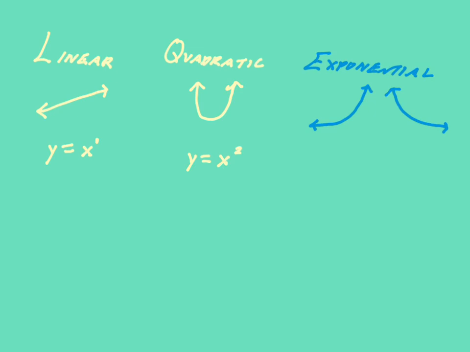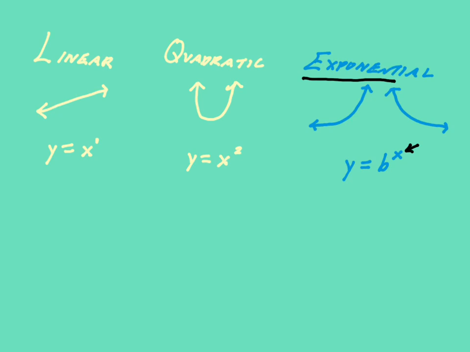What's unique about an exponential model is they're going to take the form of y equals a number to a power of x. This is an exponential model because look at where the variable is. It's in the exponent. So again, these graphs can take on the shape of something that starts small and gets very large in a hurry, or starts large and gradually goes down and does level off.